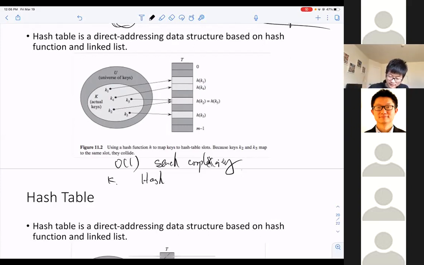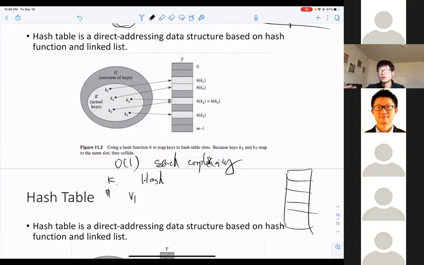It is like this. We have an array, and every time we have a new value to insert into this array, let's say a value v1, we do the hash over it, and we use the hash modulo the length of the array as the index.